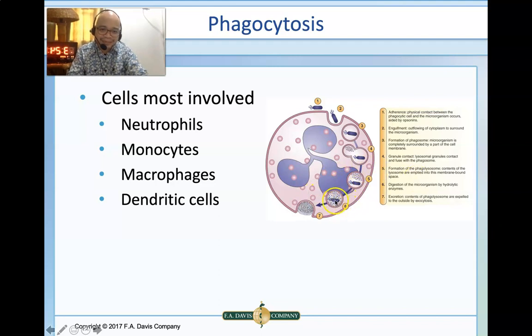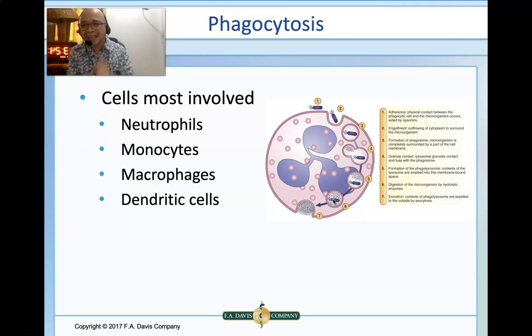Number 6, you will see that the lysozyme, it's a hydrolytic enzyme, will digest the microorganisms, and eventually the microorganisms will be expelled out, okay, of the phagocytic cell, and you call that exocytosis.